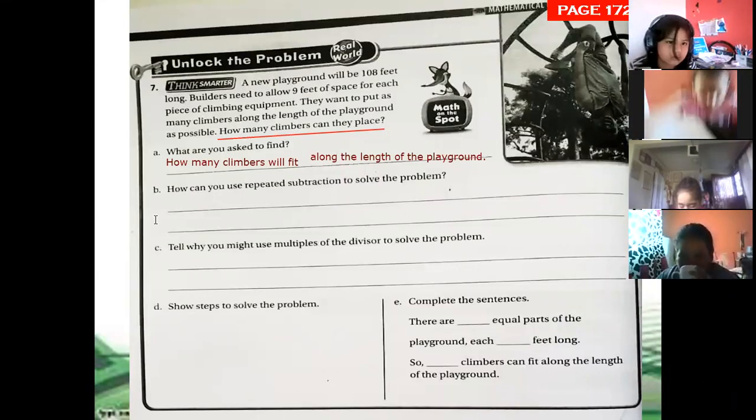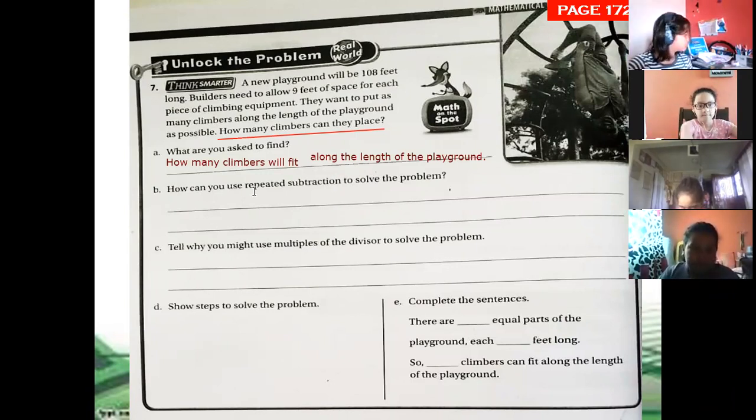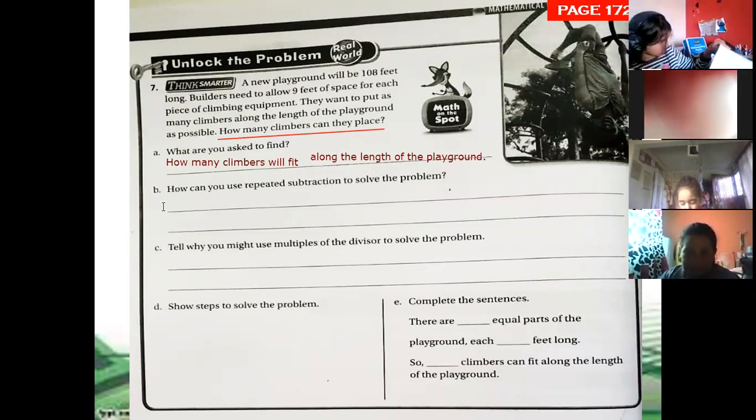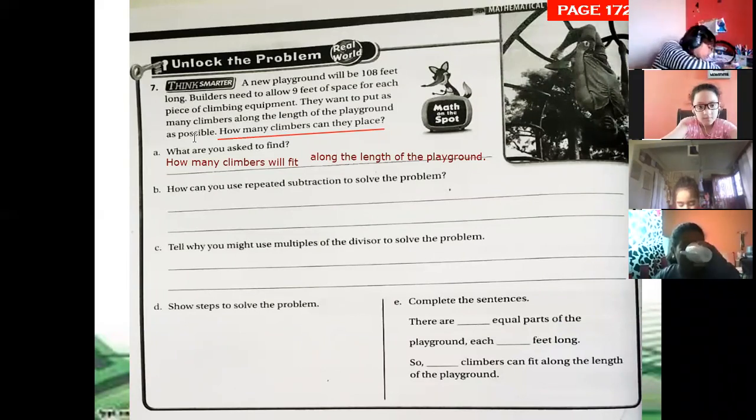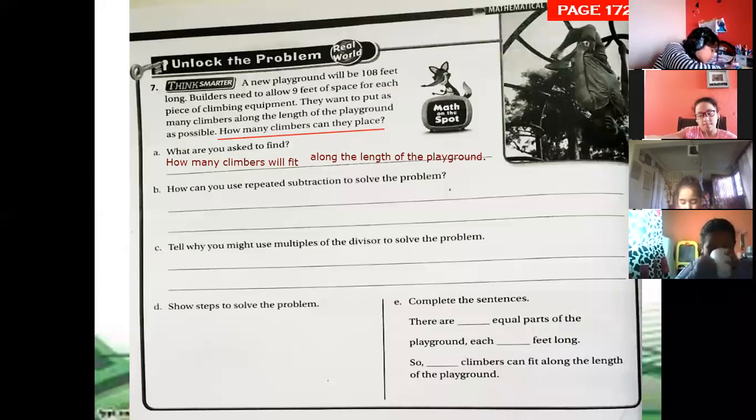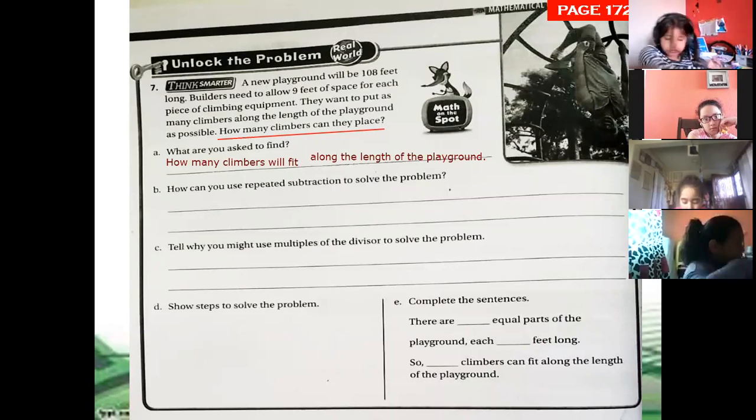Okay. Number 2, or letter B in this case. How can you use repeated subtraction to solve the problem? How do we apply that method? Could you explain what repeated subtraction is? Who can explain that? How can I divide using repeated subtraction?